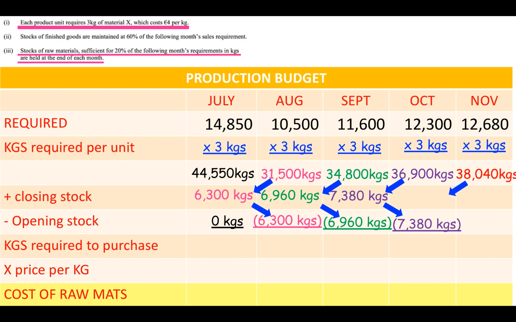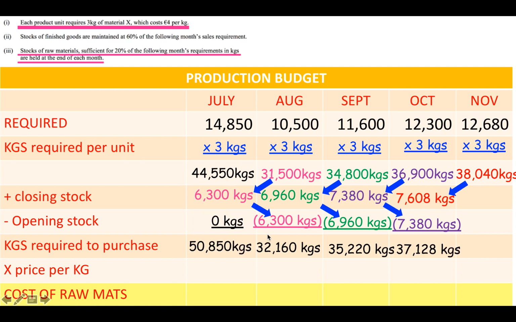That is going to be the opening stock in October, so minus 7,380 there. Then we have November, 38,040 kgs multiplied by 20% is 7,608 kilos.